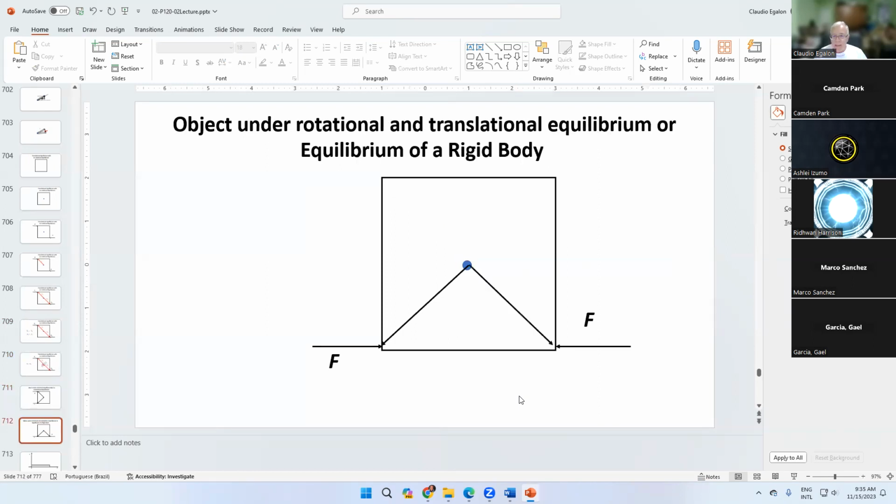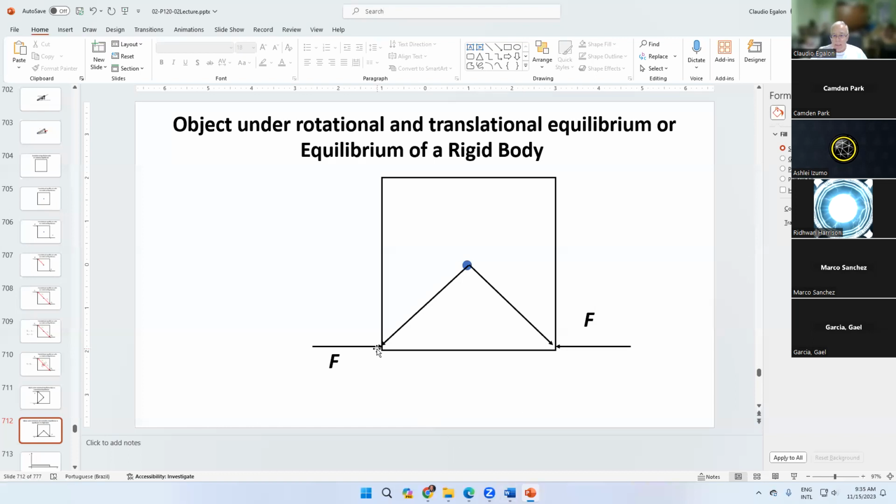Okay? And then the question is, how can we have an object that is under translational equilibrium and rotational equilibrium simultaneously?